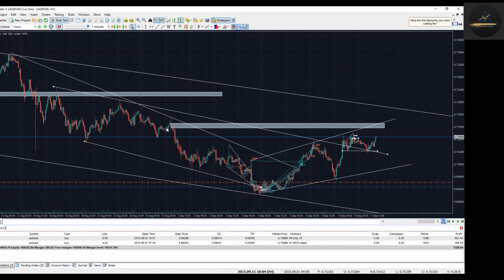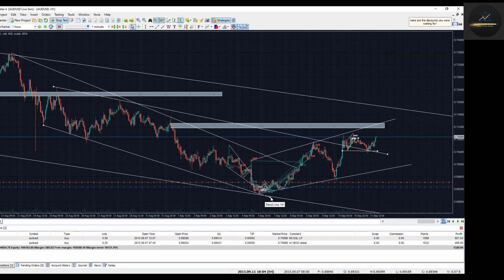And what I'm seeing here is this higher time frame compression lower into this wedge. We've got 1, 2, 3, 4, 5. Okay, it needs to be here.